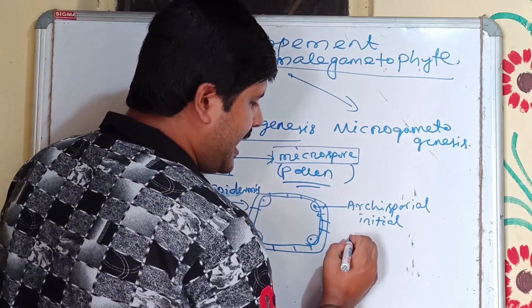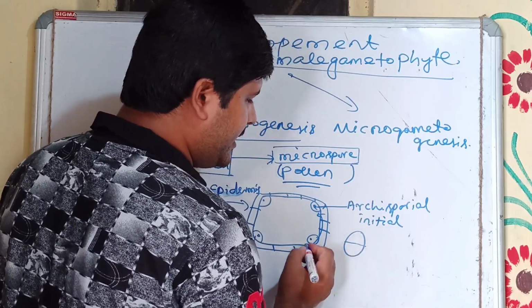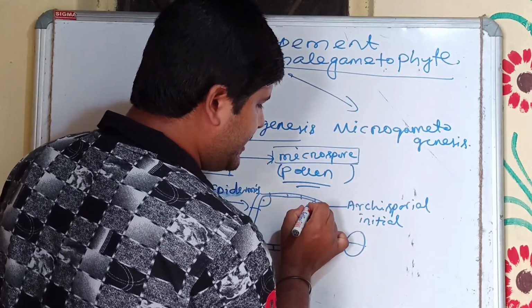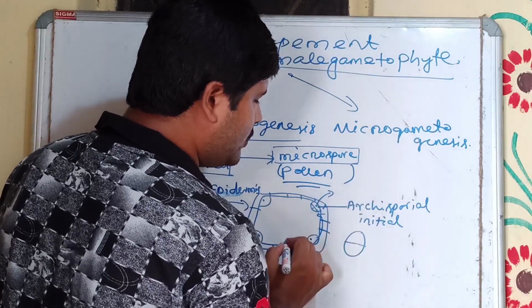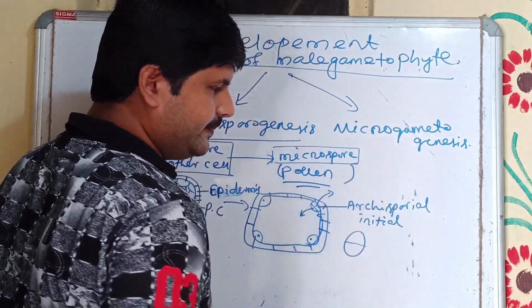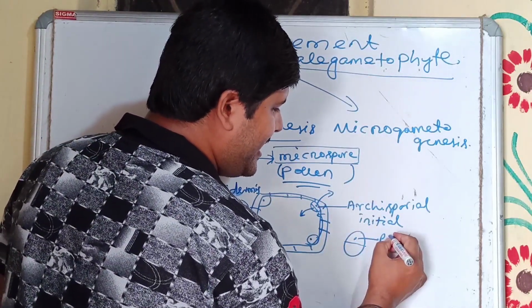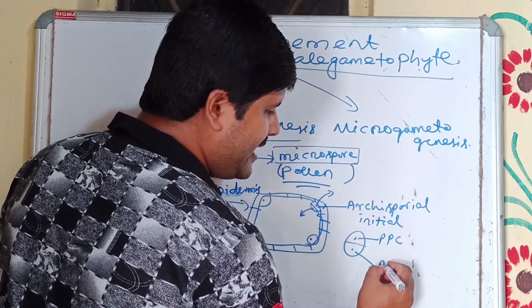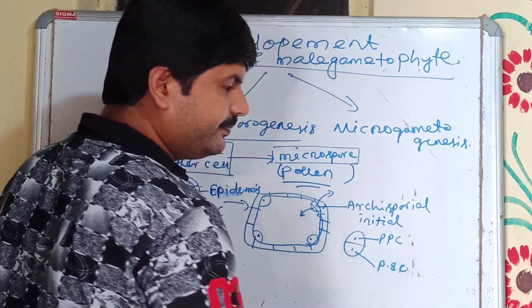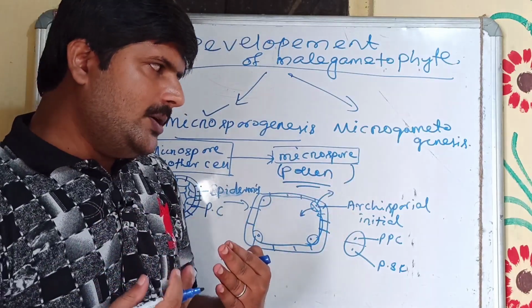The archisporial initial divides by transverse division to produce an outer cell and an inner cell. The outer cell is known as the primary parietal cell and the inner cell is known as the primary sporogenous cell.